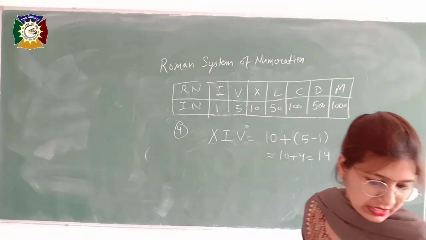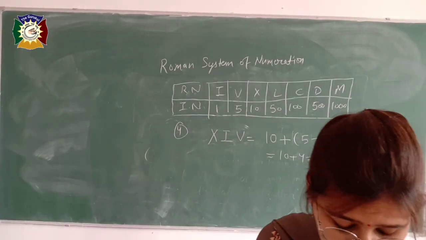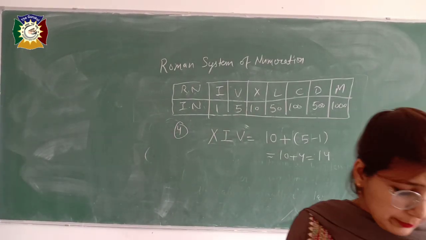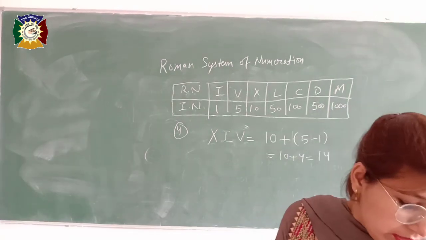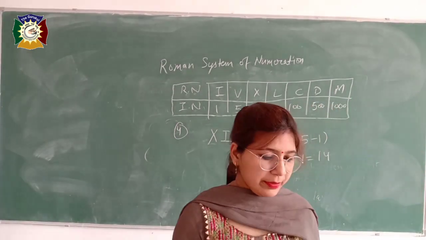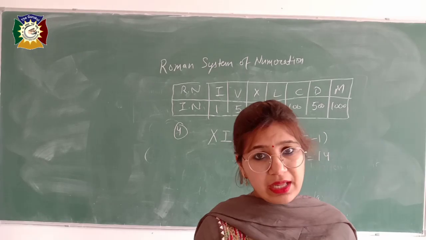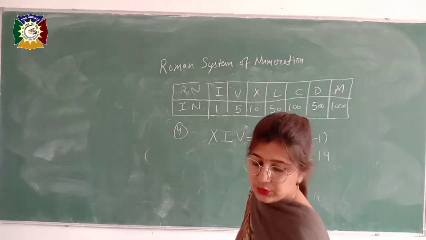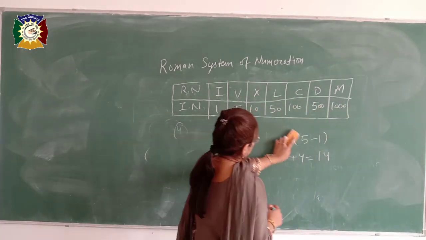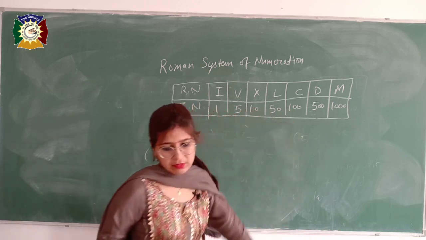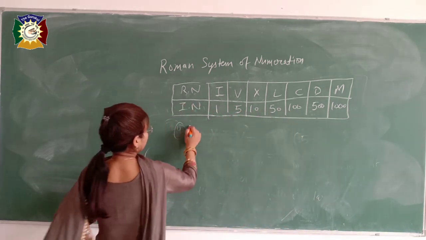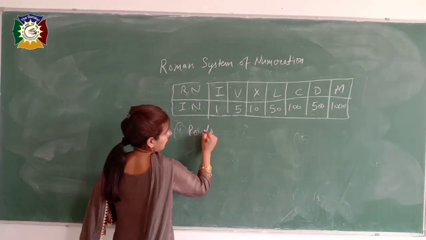After these rules, I want to tell you some concepts which you have to keep in your mind. Bache, there are rules about subtraction. You have to write it in your notebook. Points to remember.